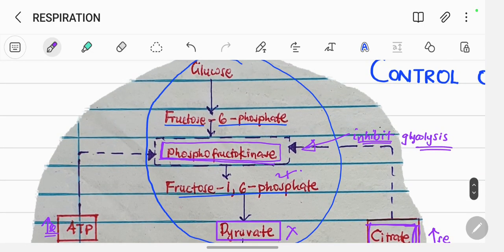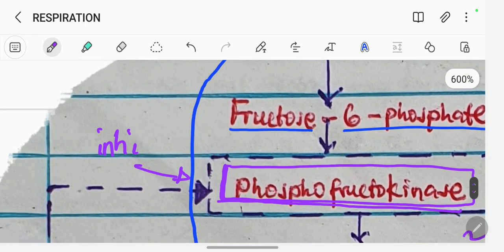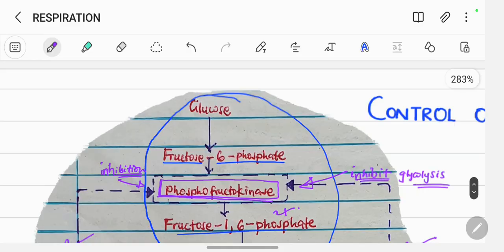The ATP concentration increases to the extent that ATP diffuses out of the mitochondria and attacks phosphofructokinase, the very enzyme that is attacked by citrate, and it causes inhibition of glycolysis.